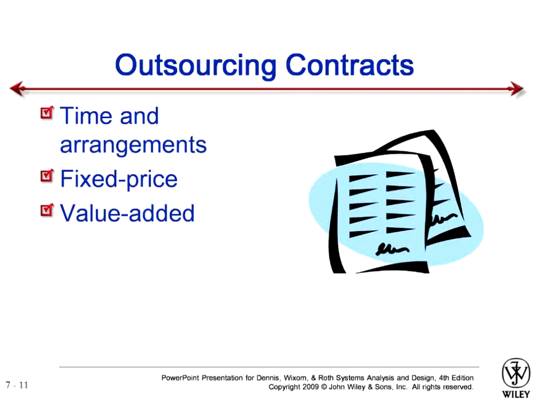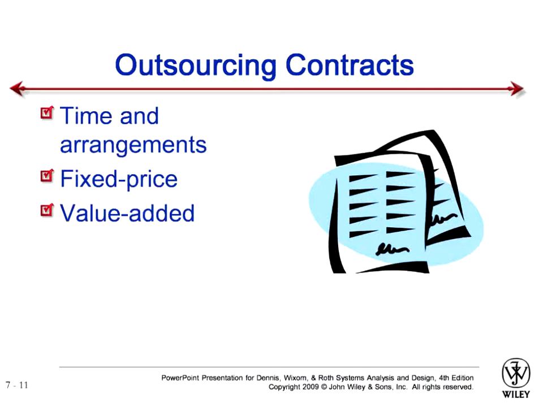Now, when you decide that you have to outsource, you have to make others develop part of your project, then you have to make contracts with them. Three types of contracts are normally made. One is the time and arrangement contract, the other is the fixed price contract, and the third one is the value added contract.